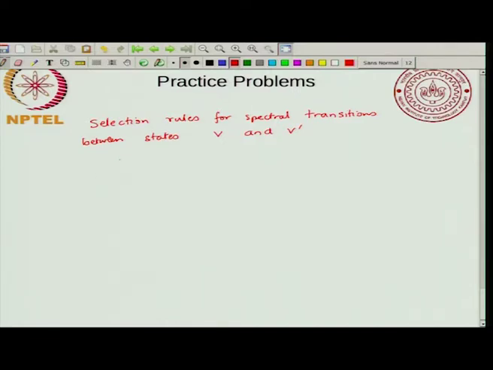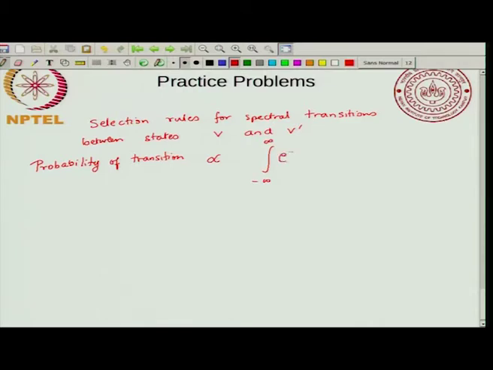Then what appears in this selection rule is a quantity that looks like this. You can write that the probability of transition, under what is called the dipole selection rule, is proportional to something that involves an integral just like this.